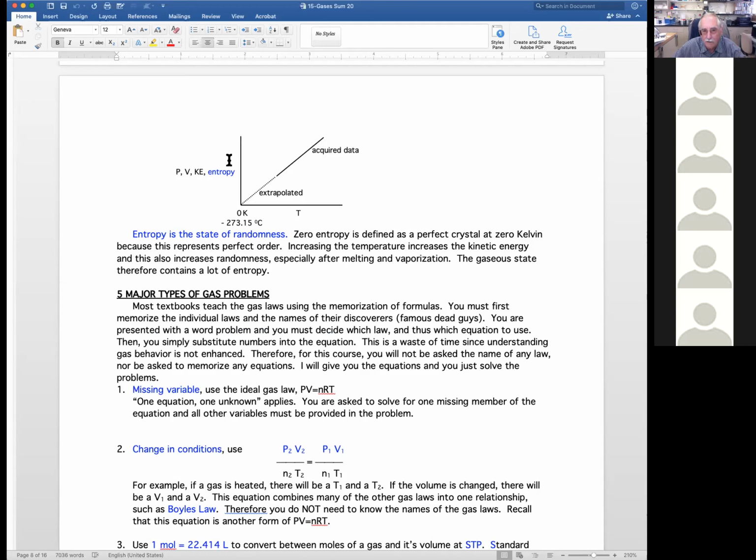If I plot the volume of a gas, I get the same number. If I plot the kinetic energy or the state of randomness, I get the same thing. So that is a magic number. And they decided, we'll call that 0 degrees Kelvin. And theoretically, that's the lowest possible temperature in the universe.